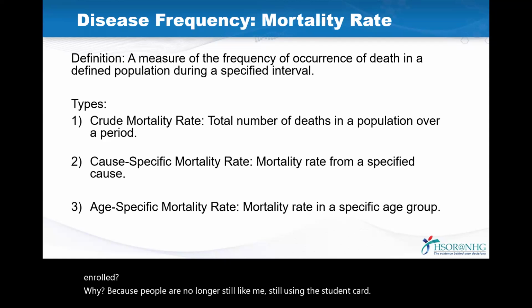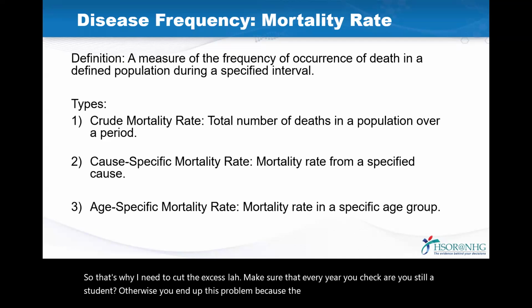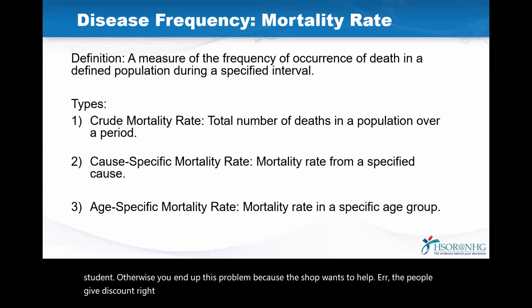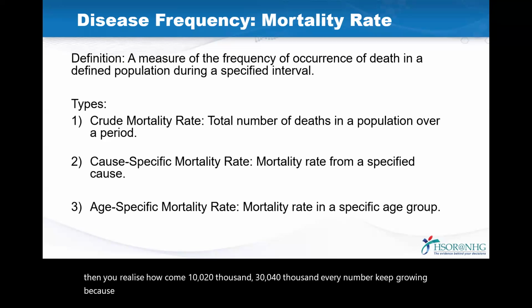So you need to cut the access and make sure every year you check, are you still a student? Otherwise you end up with this problem, because the shop wants to give students a discount. So I ask NTU, how many students do you have? Oh, 8,000. Then you realize, how come 10,000, 20,000, 30,000, 40,000? Every year the number keeps growing, because graduates who are no longer students still use it.